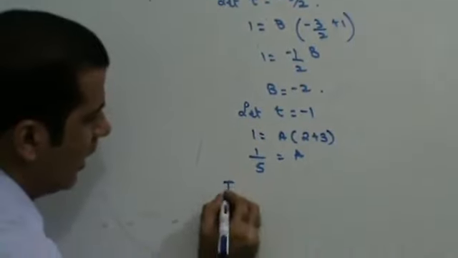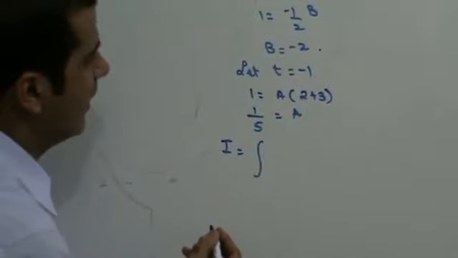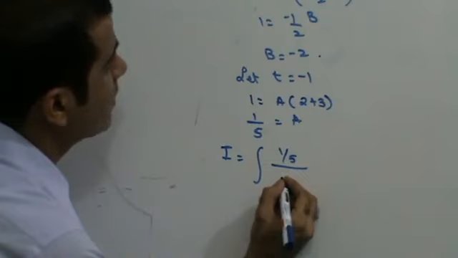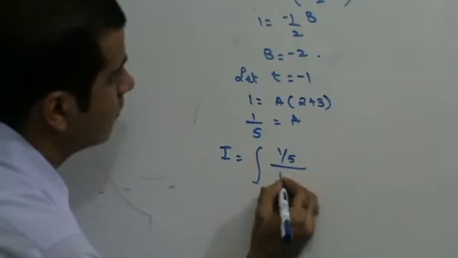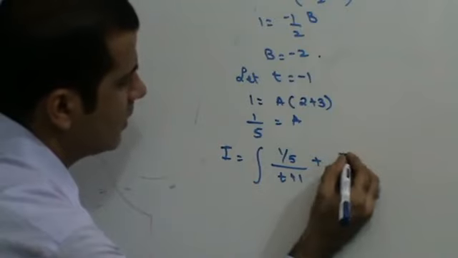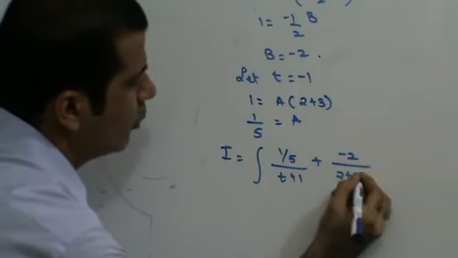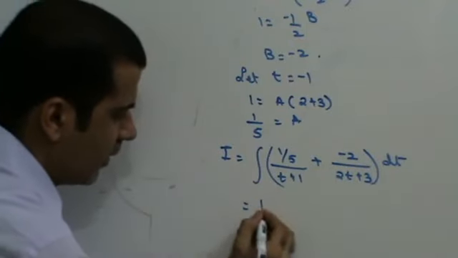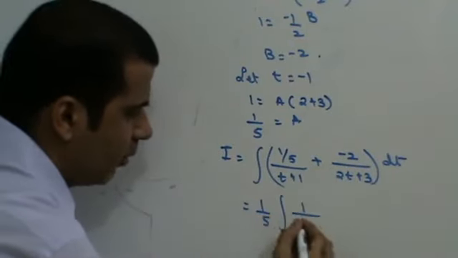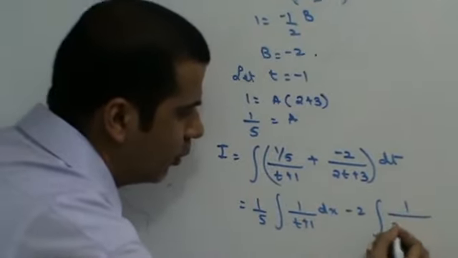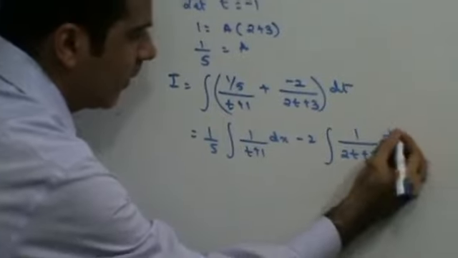I can say I is integral of a, which is 1 upon 5, into 1 upon t plus 1, plus b, which is minus 2, upon 2t plus 3, dt. Split the integral sign: 1 upon 5 integral of 1 upon t plus 1 dt minus 2 integral of 1 upon 2t plus 3 dt.